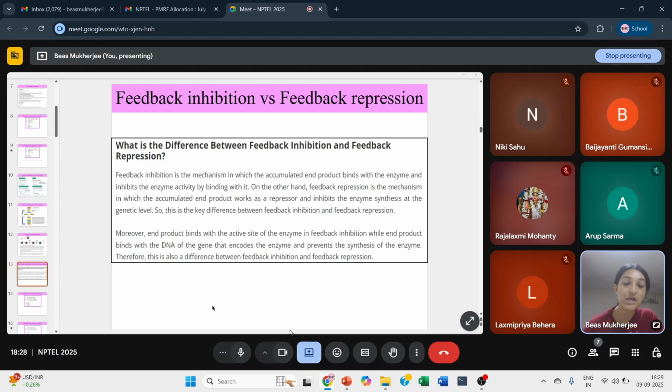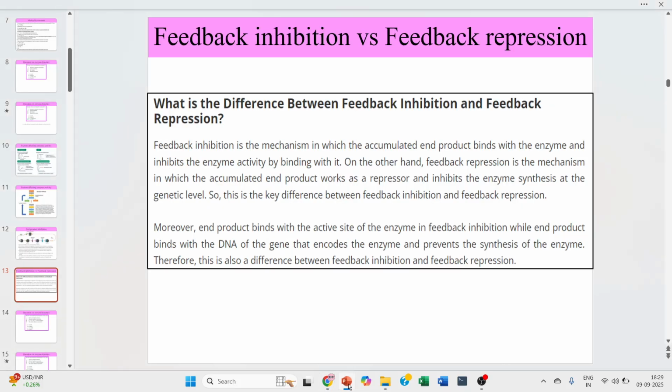Clear? Moreover, the end product binds with the active site in the enzyme in feedback inhibition, while in feedback repression the end product binds with the DNA of that gene that encodes the enzyme and prevents the synthesis of the enzyme. Therefore, this is also a difference between feedback inhibition and feedback repression. Hopefully that is clear to you.